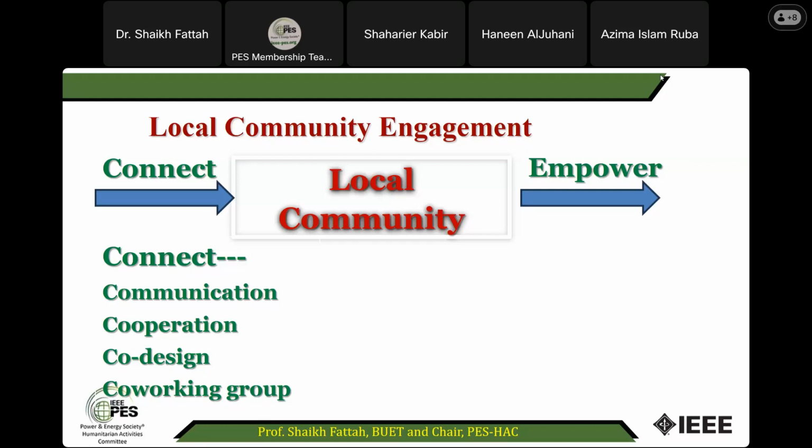The baseline is that you have to remember that your objective is to serve the local community, and that's why you have to connect with them. You have to have a strong connection between the project doers and the local community. In many cases, we have seen that there is a big gap.